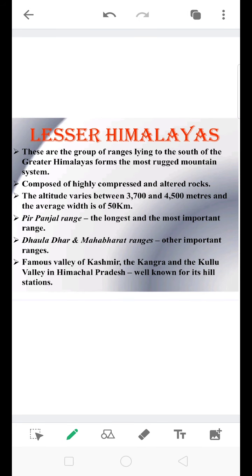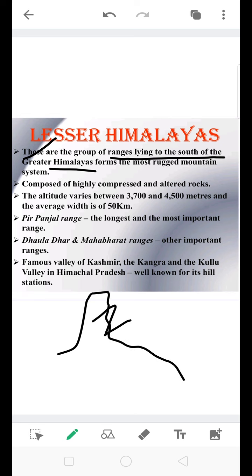Coming on to the next range, we have the Lesser Himalayas. These are the group of ranges lying to the south of the Greater Himalayas. That means if your Greater Himalayas are over here, then down from it we will be having the Lesser Himalayas, which form a rugged mountain system, composed of highly compressed and altered rocks.